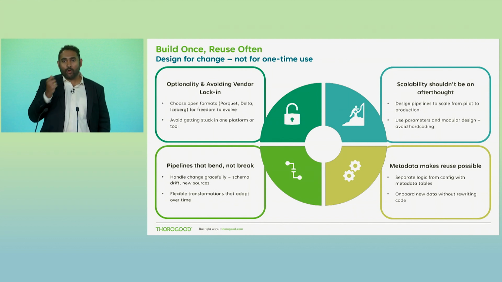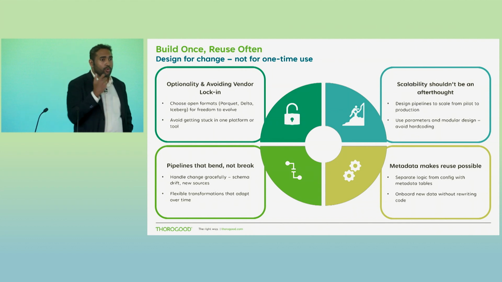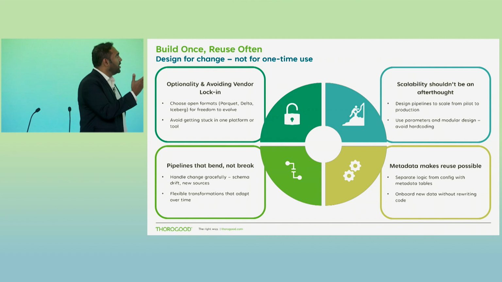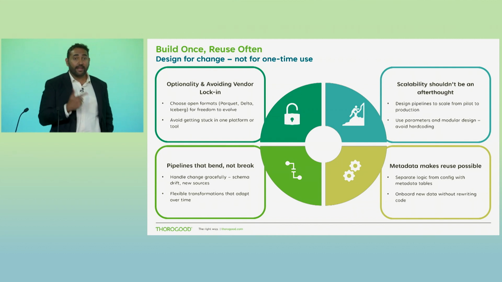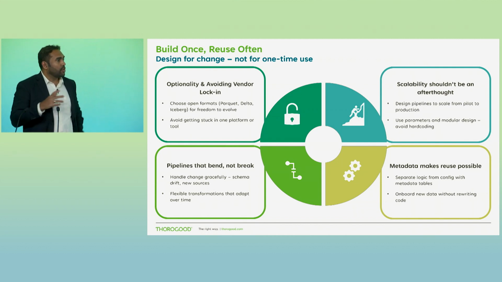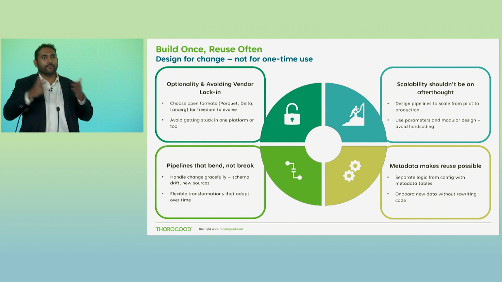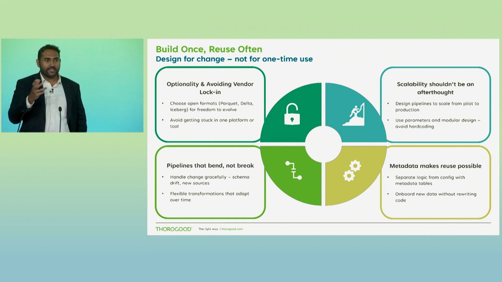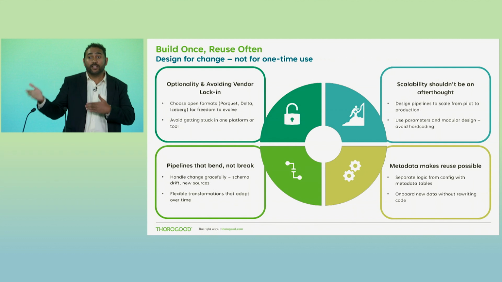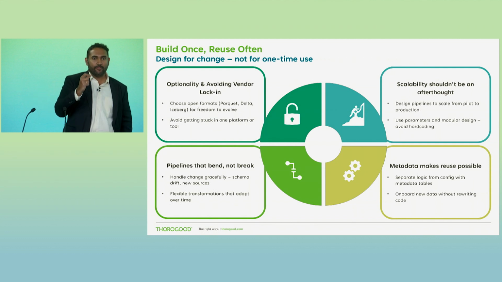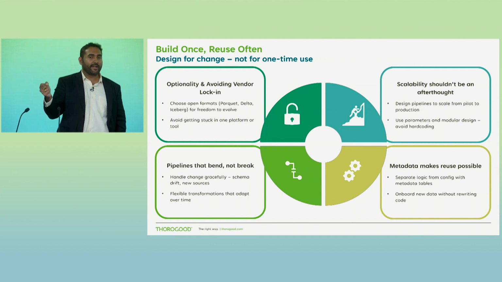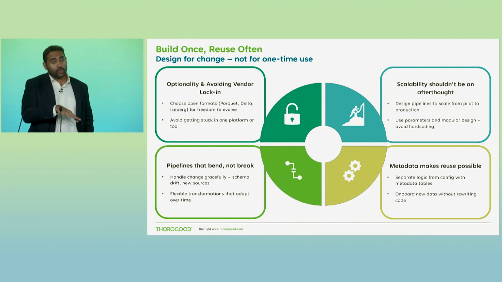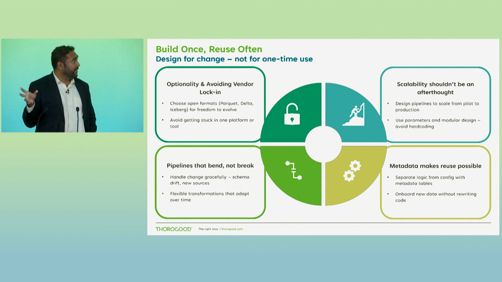One way of doing that is by ensuring we use open formats like Parquet, Delta, and Iceberg. In case you're switching to different vendors, it avoids costly migrations and having to change formats. At the same time, we have to be conscious where we are using proprietary formats as well. So choose open formats where possible and be conscious where proprietary formats are being used.